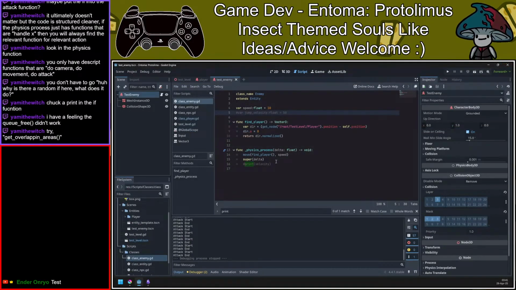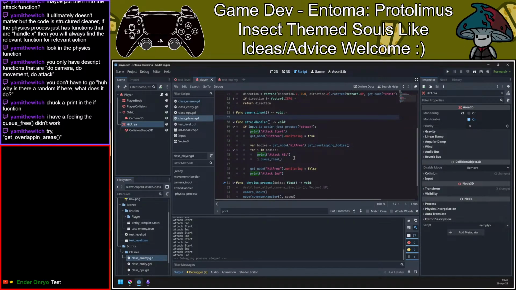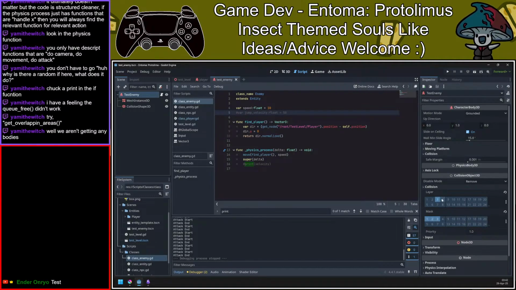Get overlapping area. It should still be get overlapping bodies, because it's not an area. Okay, it's looking for enemies. Does the enemy have to be looking for something else? I don't know.